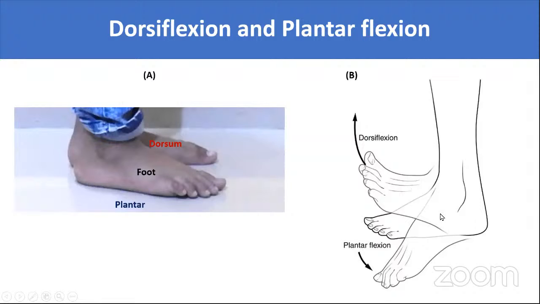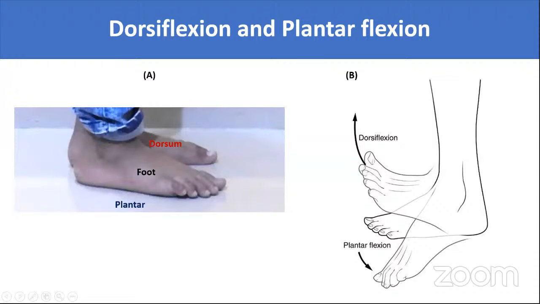So this type of movement, from here to here, is called dorsiflexion. Whereas from this position, when the movement is towards the lower direction, when the big toe is facing the lower side, then it is called plantar flexion.